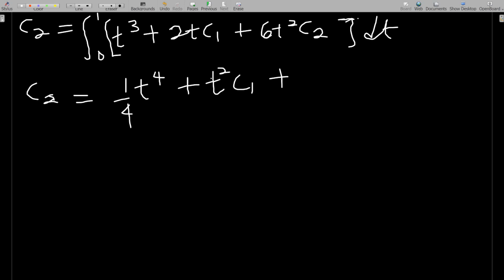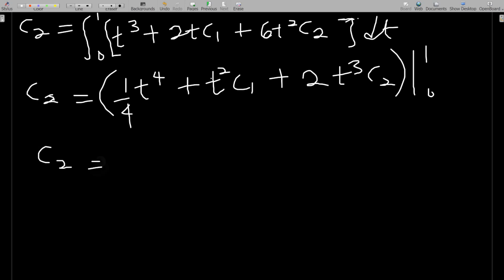Plus, when I integrate 6t squared, I'll have 6t cubed over 3, and that will give me 2t cubed C2. I hope this is okay. So I have 0 to 1 here. I'm simplifying everything from that, and C2 will just be equal to, putting 1 in, 1 over 4 plus C1 plus 2C2. When you put 0 in, you get 0.